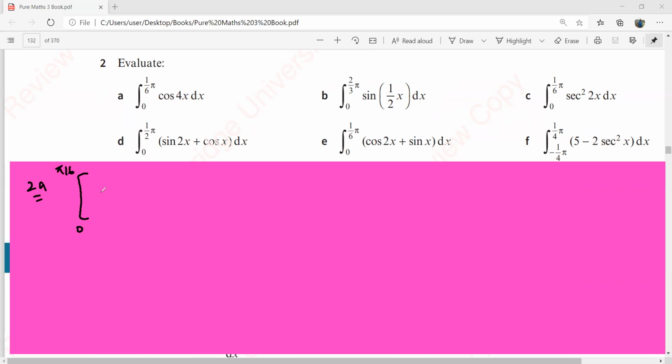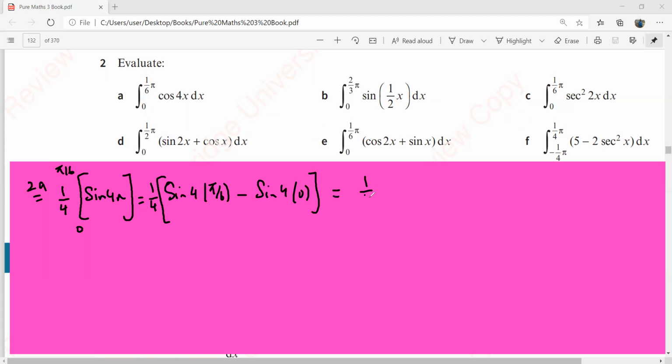So you have sine 4x by 4. I'll be writing the 1 by 4 outside. So this is a quarter into sine 4 into pi by 6 minus sine 4 into 0.